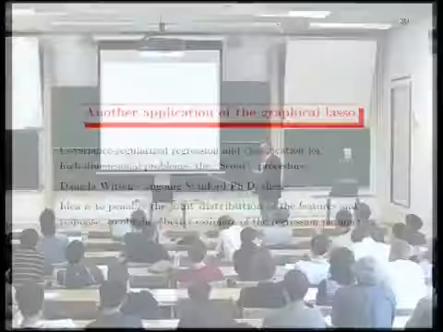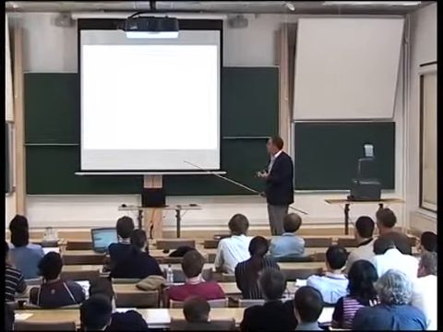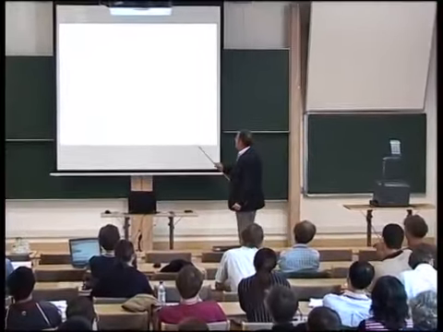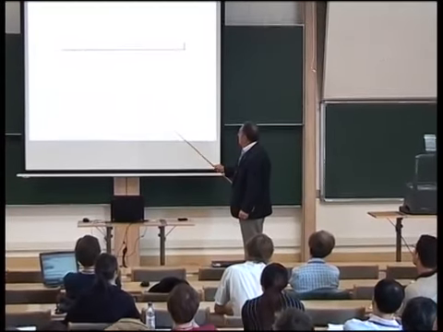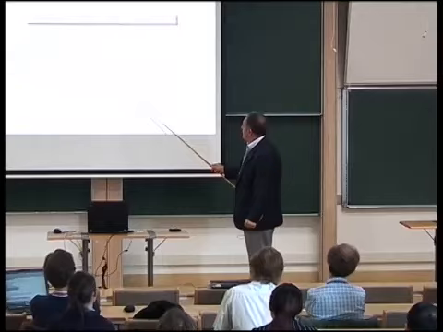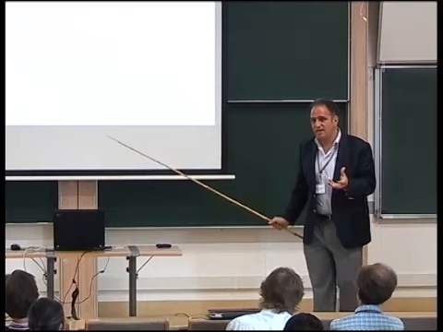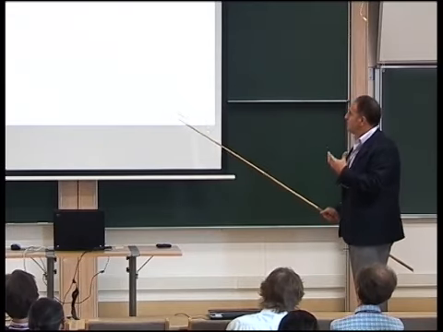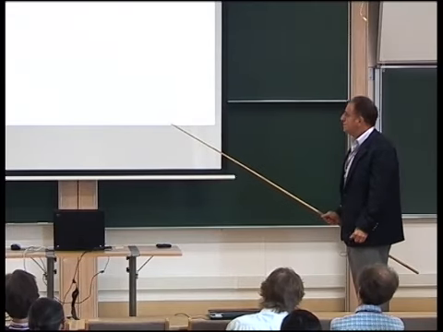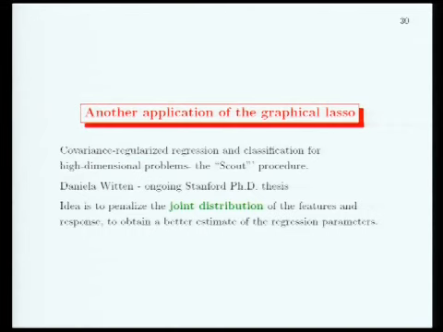Shrink the joint distribution, shrink the corresponding sigma, and then use that to obtain, hopefully, an improved regression coefficient of y given x. It has the same flavor as the elastic net. The elastic net shrinks towards the identity. This shrinks in a more general way. So I think it's promising. And there's a paper on our website which describes that, called the SCOUT.